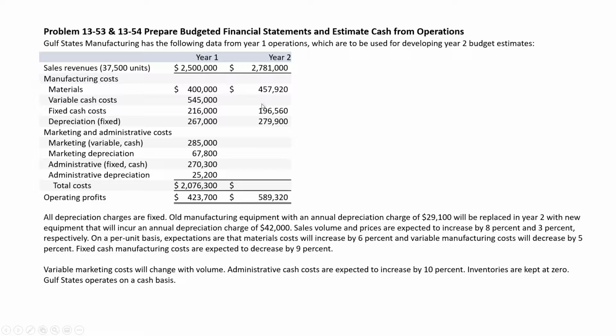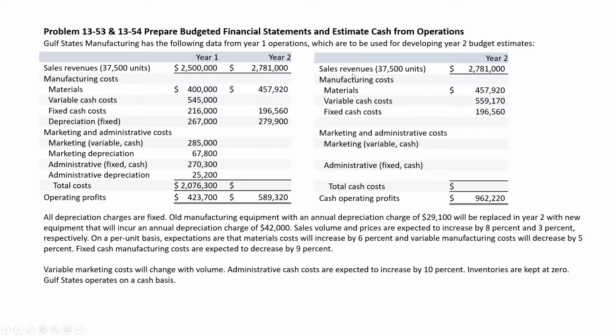But we also have to consider, are there some things listed here that don't have a cash impact? Yes, there are. Any depreciation items are non-cash items. Keep in mind, when I bought the equipment, when I bought the building, that's the cash outlay, but depreciation is simply just allocating that cost. It's not actually spending the money at that time. So you can see, again, I'm just pulling over some of the numbers that I already calculated.